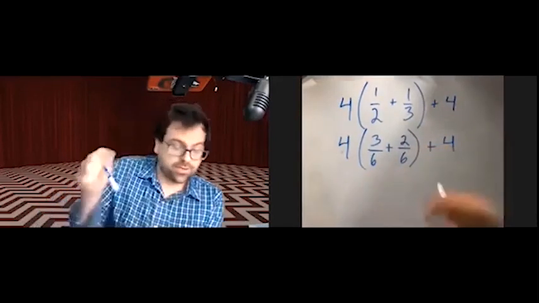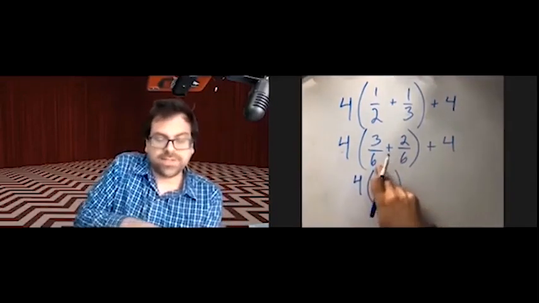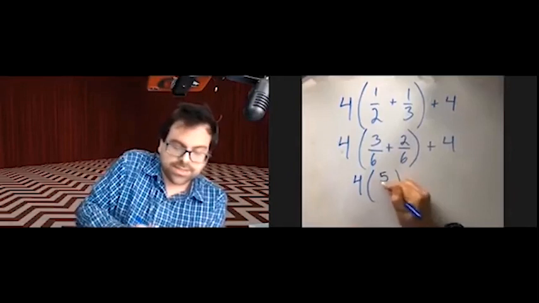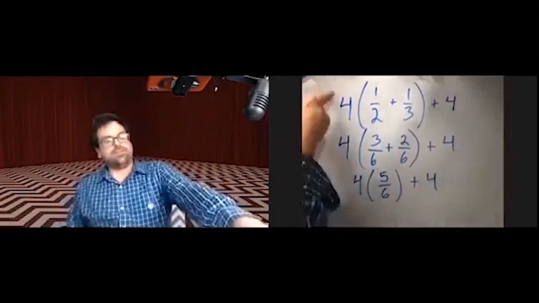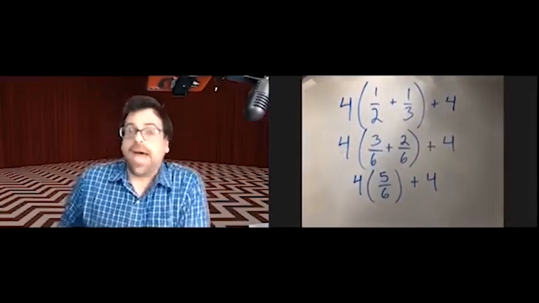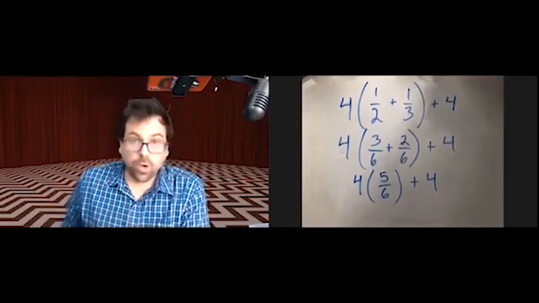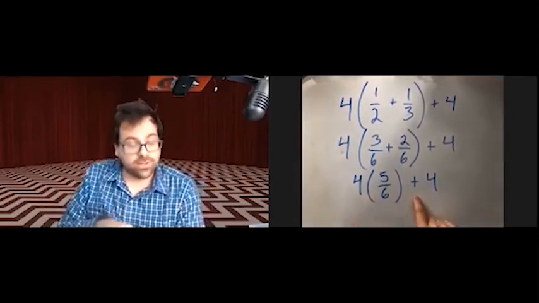Finishing up the addition. 4 times, what do we have left in the parentheses? 3/6 plus 2/6 is 5/6. We still have our times 4 in front and our plus 4 on the back. Order of operations says we do this multiplication before addition.